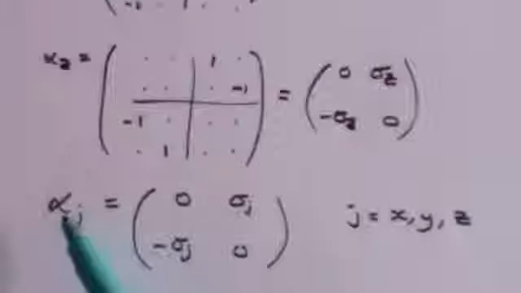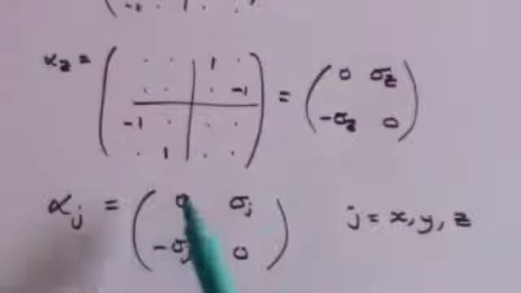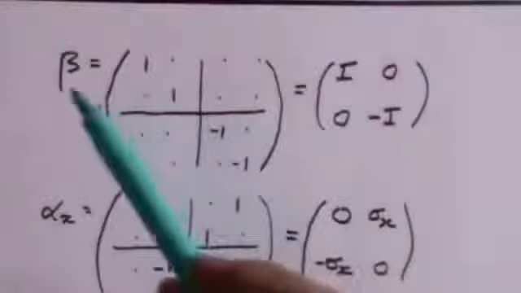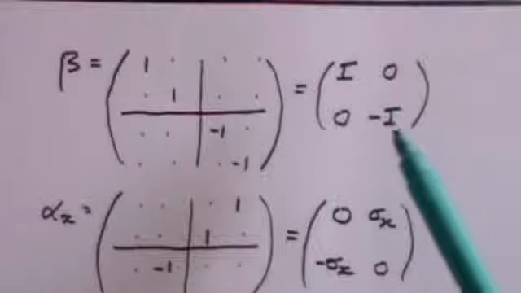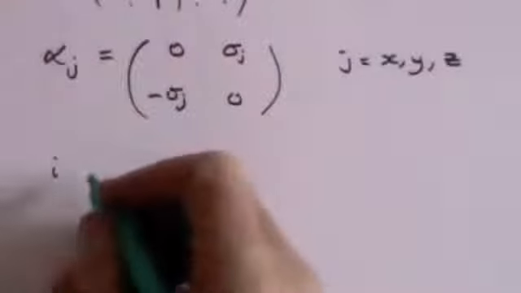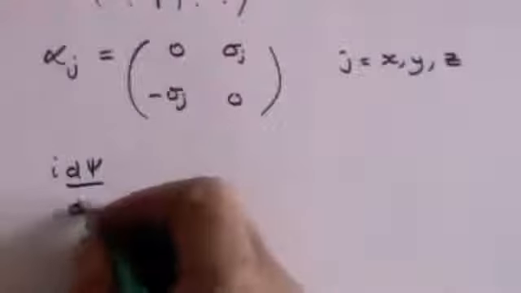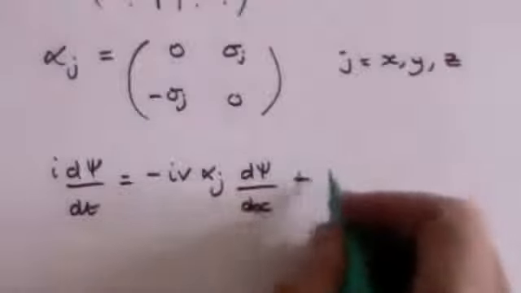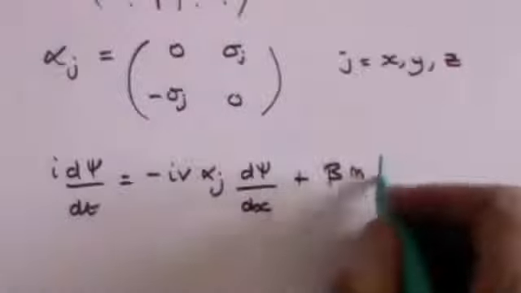So the Dirac matrix 4 by 4 will be determined by the application of the Pauli matrices, but beta, the 4 by 4 Dirac matrix, is just made up of the identity operators, plus and minus. If we now go back to the Dirac equation in all its glory in 3 dimensions, we get i d psi by dt is equal to minus i, put the v term in if you like, times alpha j d psi by dx plus beta m psi.